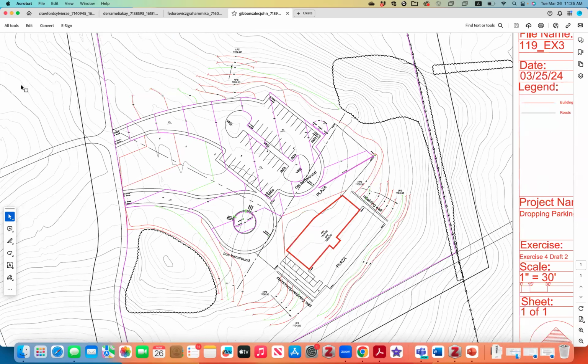All right, so we need to fix this contour here. Let's see. It feels like there's something that happened where we weren't able to... I think it's probably the second, this purple section.